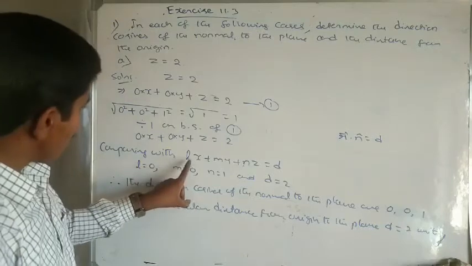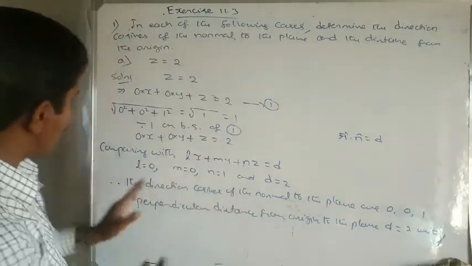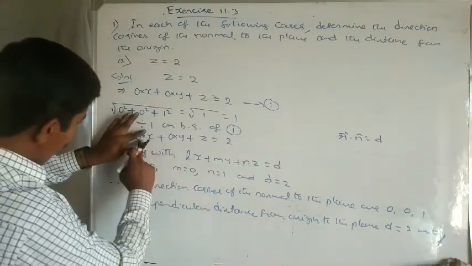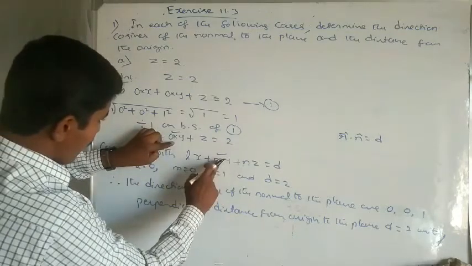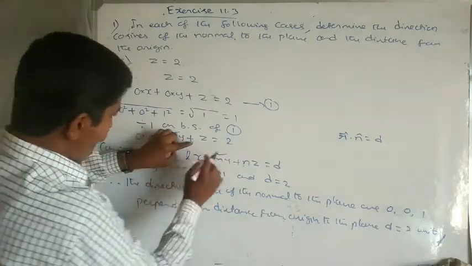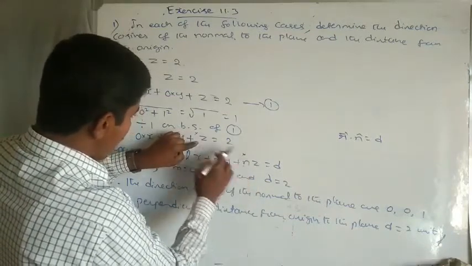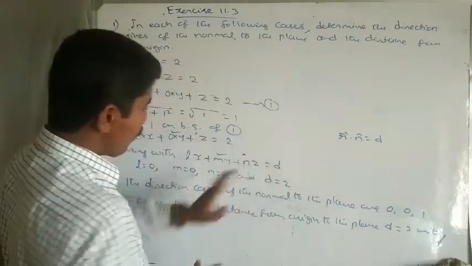Clearly this is of the form Lx plus My plus Nz is equal to D. Comparing these two, the x coefficient gives L equal to 0, the y coefficient gives M equal to 0, and the z coefficient gives N equal to 1, and the right-hand side value D is equal to 2.